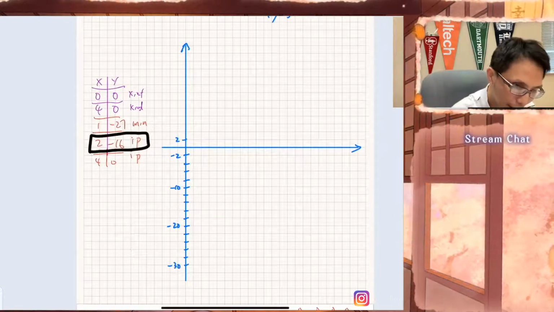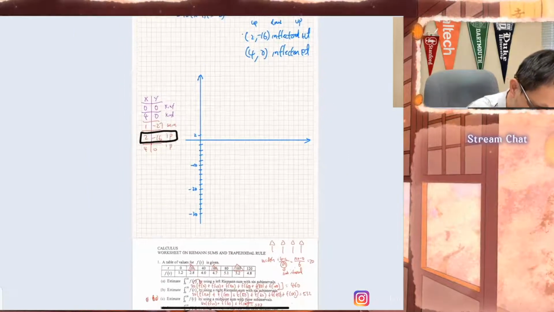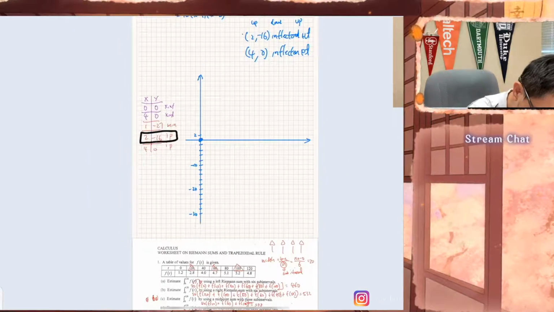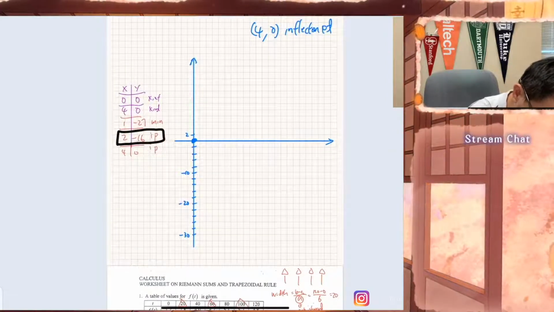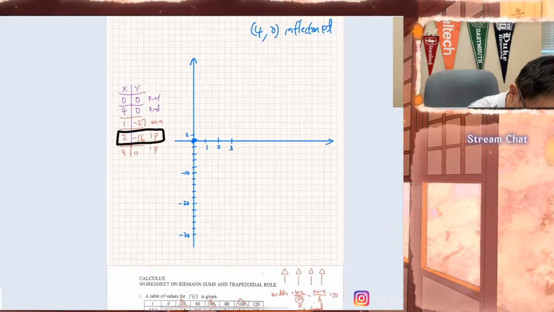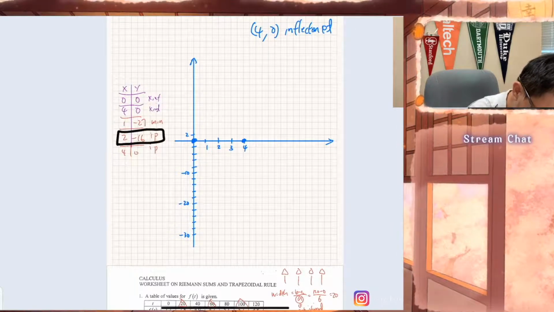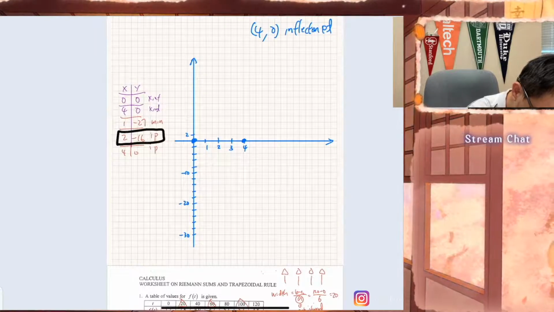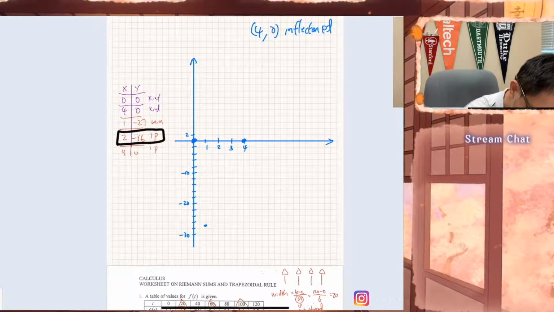So hopefully that's enough. So 0, 0, on the top left. 1, 2, 3, 4. This is a 0. Negative 1. Alright, 1 is going to be negative 27, so roughly 26 here. 27. It's going to be a minimum.